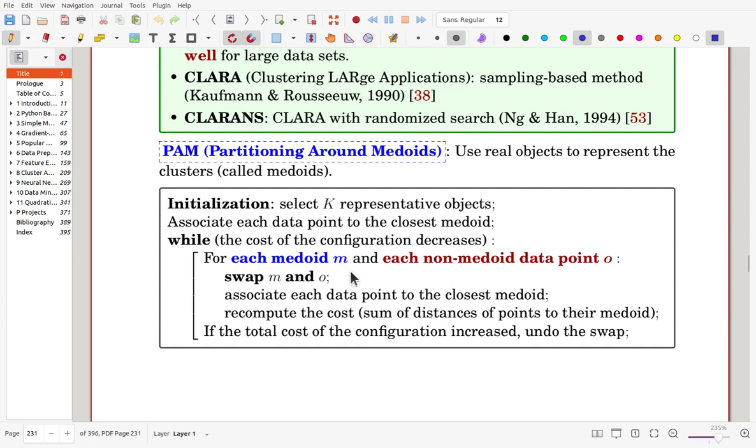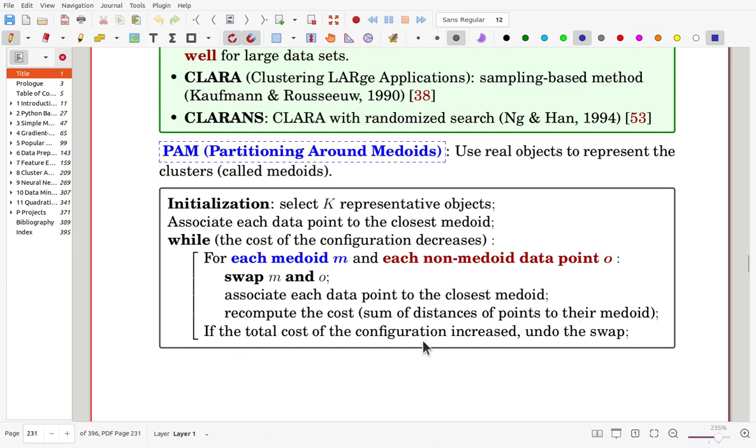For each Medoid M and for each non-Medoid data point O, swap and associate each data point to the closest Medoid. So clusters will be formed, and for the formed clusters, we recompute the cost, the sum of distances of points to the Medoids, which is basically the SSE.